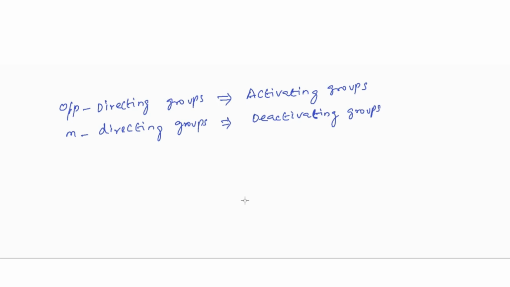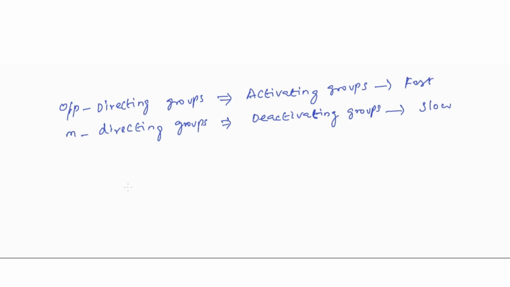Certain groups will reduce the rate of reaction. As we discussed earlier, the ortho para directing groups are always activating groups. That means they make the electrophilic substitution reaction faster. Meta directing groups are called deactivating groups, and these groups will slow down the aromatic electrophilic substitution reaction. Here I will show you some examples.